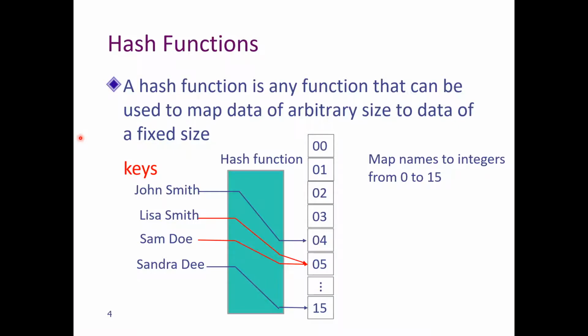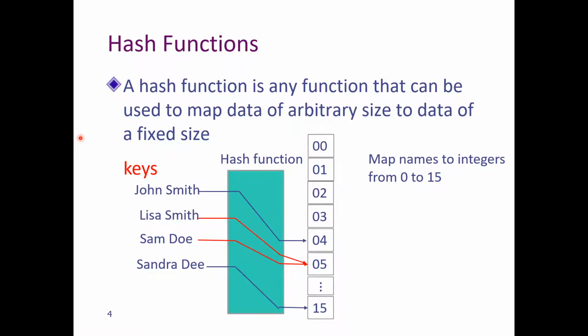But the outputs are in the same size. So for example, this output, from 0 to 15, they are with a fixed size of 4 bits. All right, so 15, that's 4 bits. 1111 is 15.